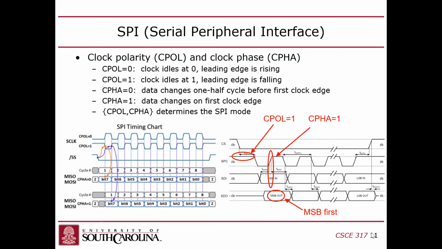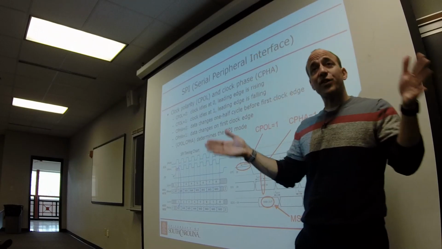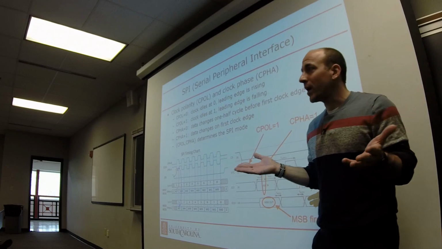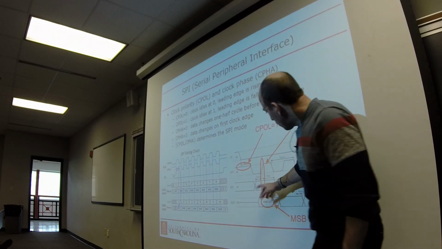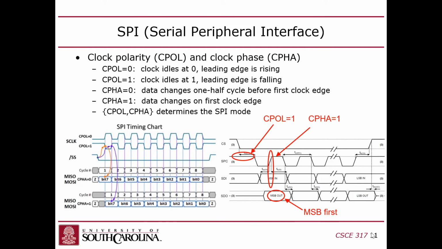Setup and hold is the time before and after you sample data, right? So the moment in time after the setup and before the hold is when you're sampling the data, right? So that's how you know where on this timing diagram it's sampling. And as you can see, that's the second edge of the clock.